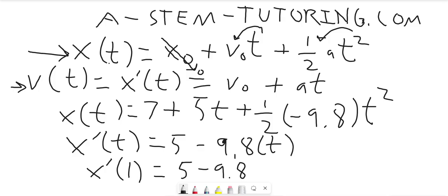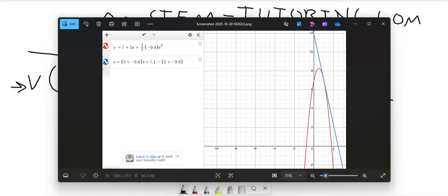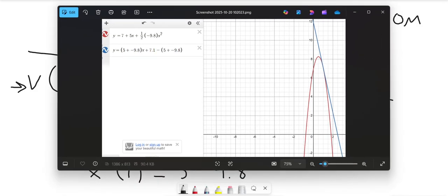Now let's look at a graph of this. This red curve is 7 plus 5x plus 1/2 times negative 9.8 x squared.